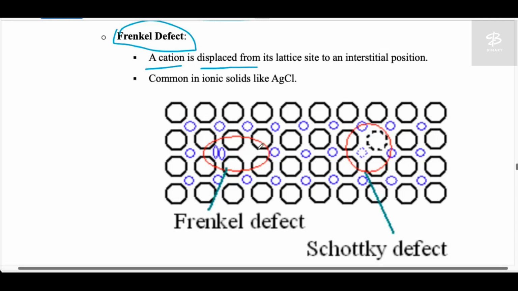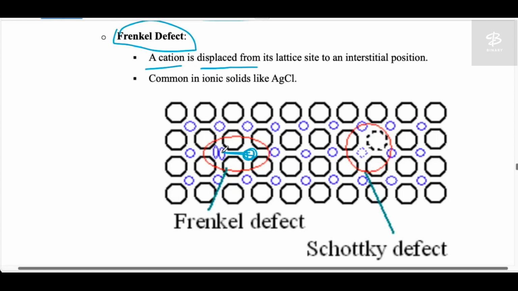Okay, so suppose it was the place of the cation, but it has been removed and come out from here. It means they have changed places, like the interstitial. Interstitial means they are not disturbing the other elements, but in between the space that is not occupied by the others, they are coming out. So they have just come out from here. No foreign element is coming from the other side.